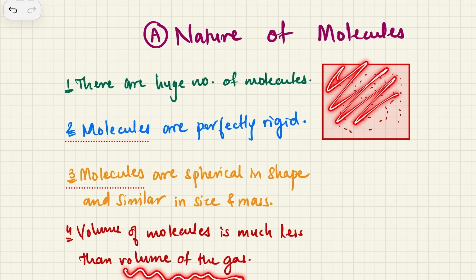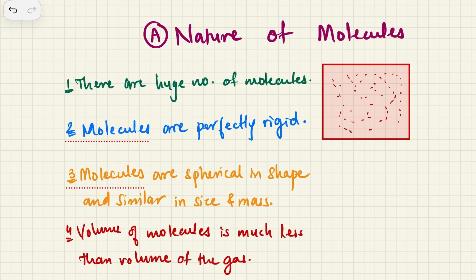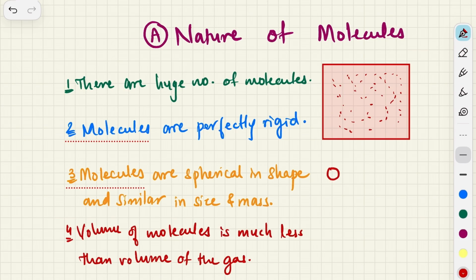Now if I want to calculate the volume of molecules, let's say I have this one molecule, and this molecule, and we have, let's say, 10 raised to 22 molecules. I just have to multiply the volume occupied by a single molecule times the number of molecules, and that will give me the volume of molecules.